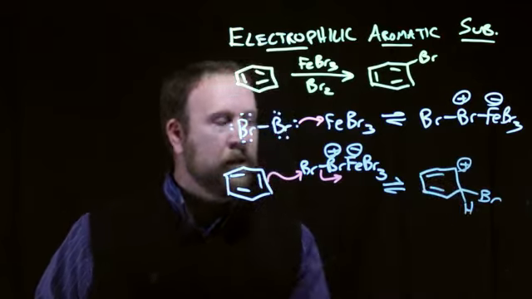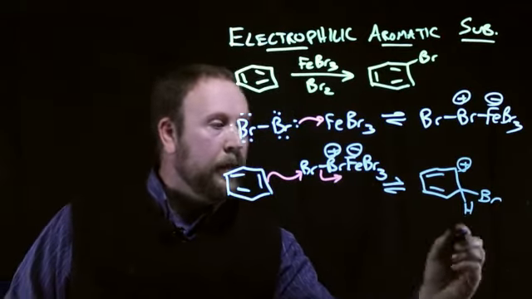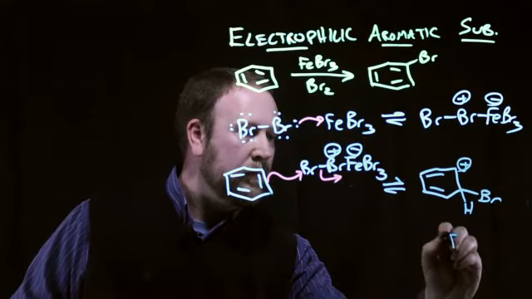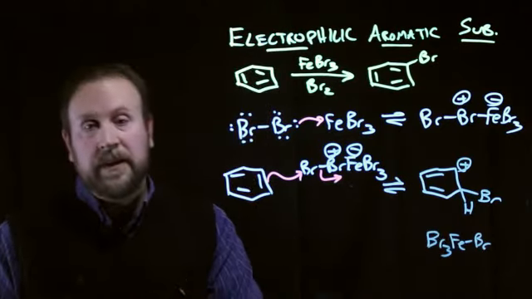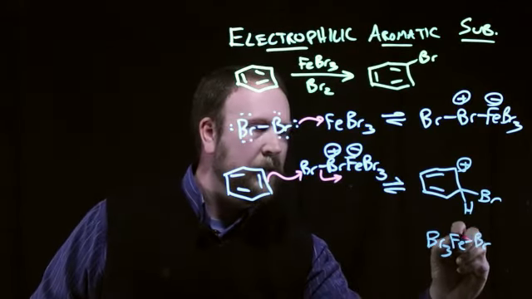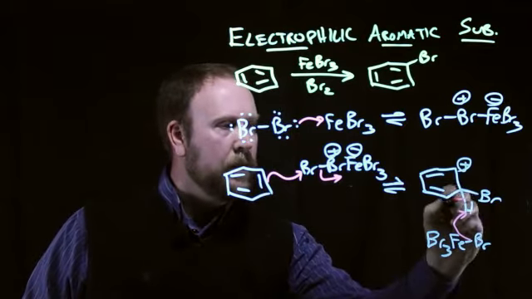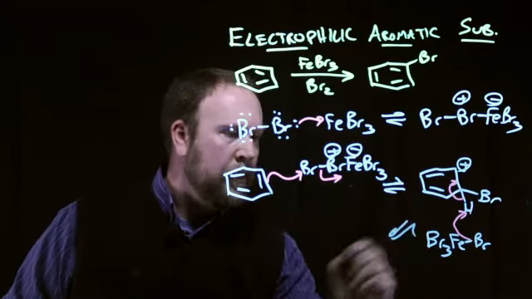Now we've added that bromine to the ring system, and we still have iron tetrabromide in solution. And this is going to act as our base to pull off our proton and give us our aromatic system back. So these electrons are going to grab this hydrogen, reestablish that aromatic system, and give us our product.